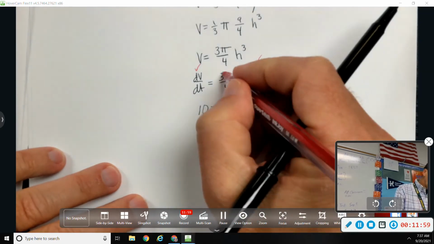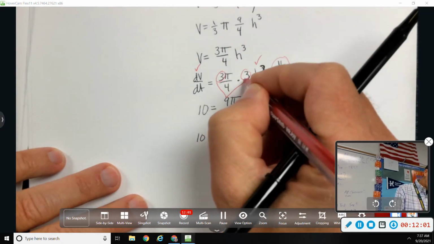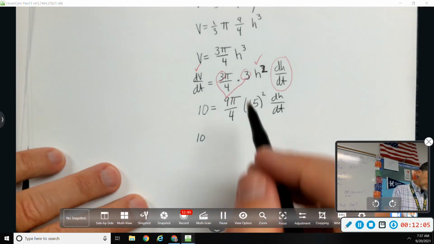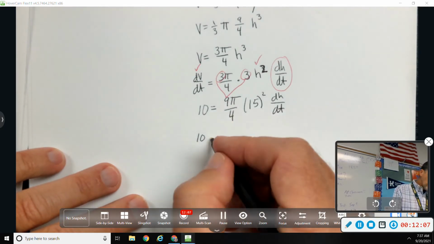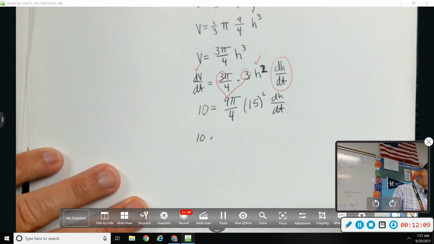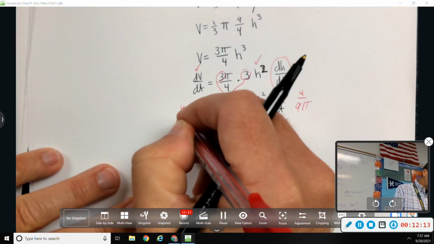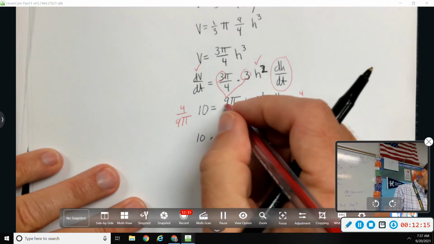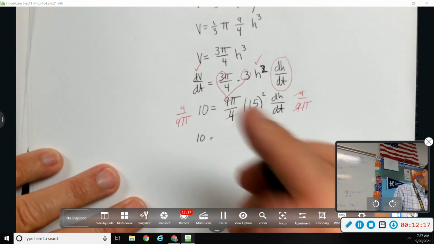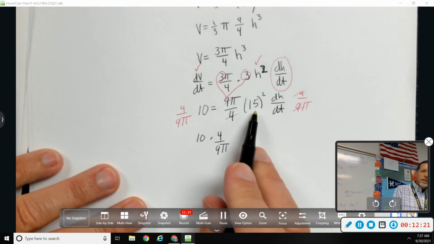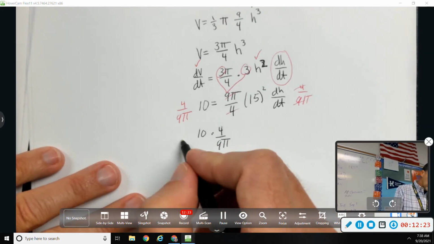I combine the 3's. Oh, so I'm going to multiply by 4 over 9 pi. All right, the rest of this problem is algebra, but that doesn't necessarily mean it's easy. So 10 times 4 over 9 pi. And then I'll divide by 15 squared.